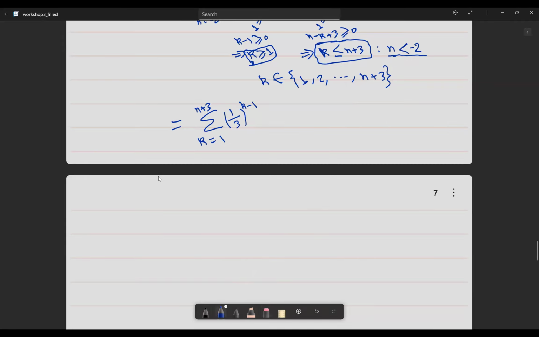Because if n is less than minus 2, this will make k less than 1, and this will violate this limit, because k should be larger than or equal to 1. So n cannot be less than minus 2. So let me put it here.